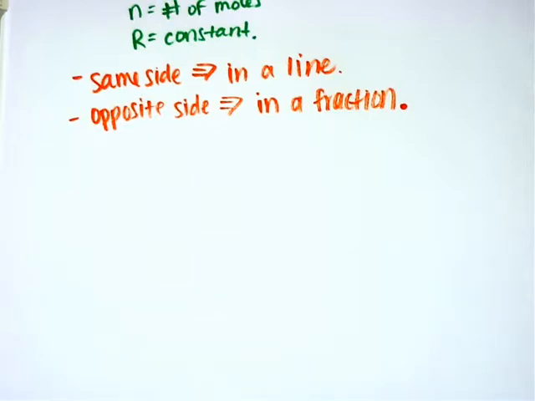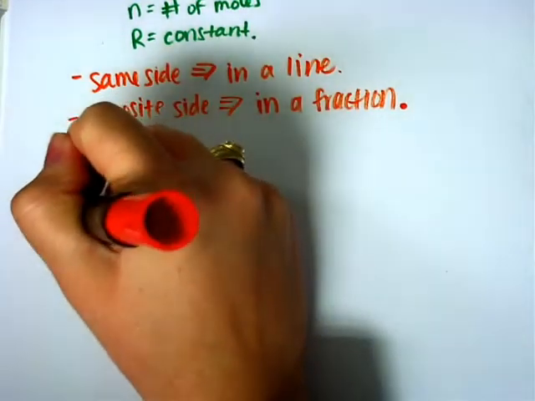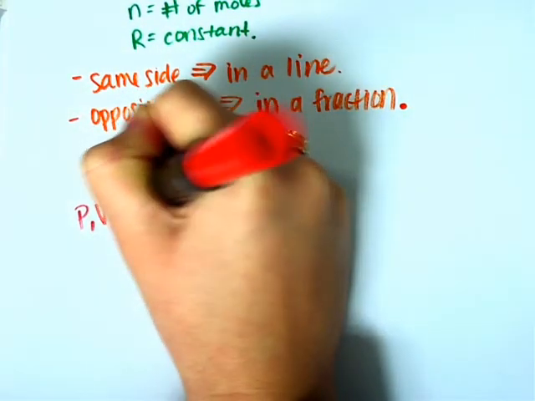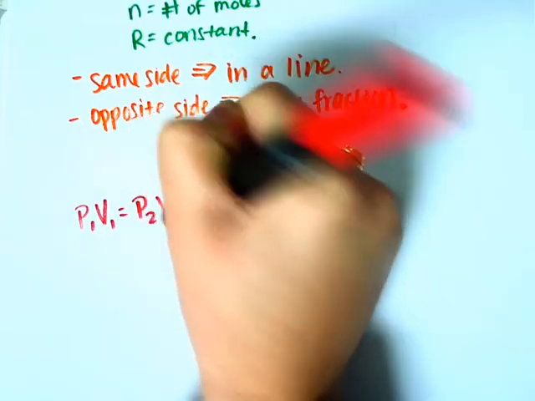Okay, so our first gas law that we're going to learn today is going to be relating pressure and volume, so our P and our V. So are they on the same side or the opposite side? They're on the same side. So we're going to write them in a line. So here's what that means. We're going to write P1 V1 equals P2 V2.